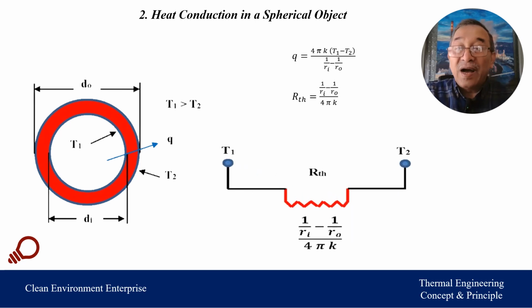And again, we can represent it in the form of an electrical resistance, as we studied before. And this form, as the animated part shows, shows that heat transfer is in the direction between T1 and T2. And the R thermal is expressed in terms of the radii and thermal conductivity of the materials.